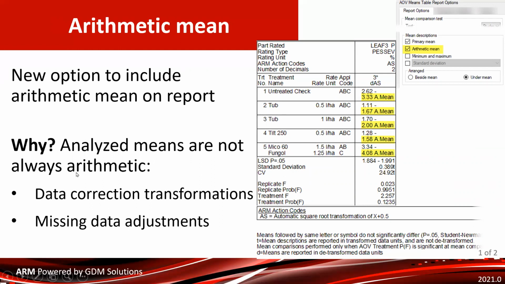Basically, the analyzed means on the report aren't always the mean of the raw values that are recorded. For example, if you have a data correction transformation, like in this case, where this column has the square root transformation applied to the data, or if there's missing data and the analysis has a missing data adjustment, then your means might not match if you were to just look at the raw data and calculate the mean.